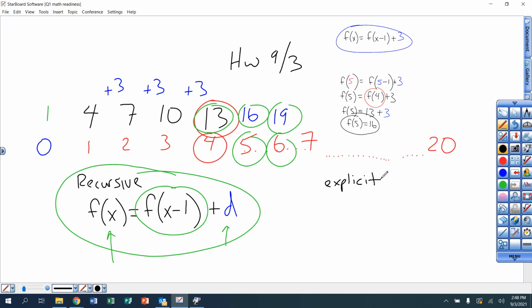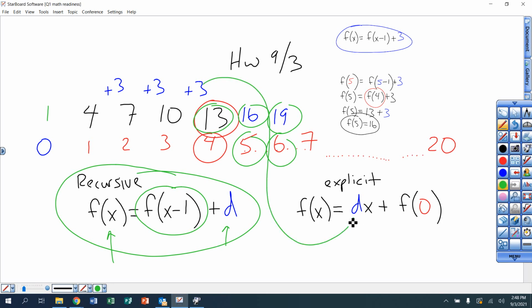So we're going to use the zero term explicit. The explicit equation comes from me timesing the number I'm adding times x plus the function at the zero term. That's where it gets all fancy. So that just means that 3 number goes right here, and that zero term, whatever that is, number goes right here.